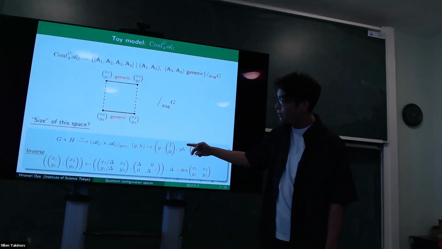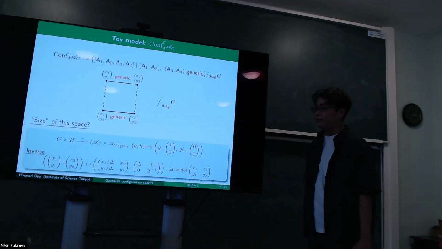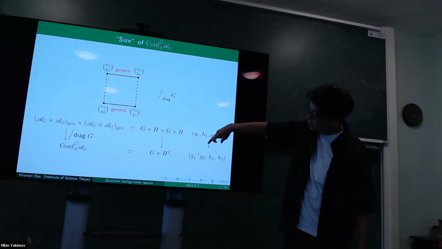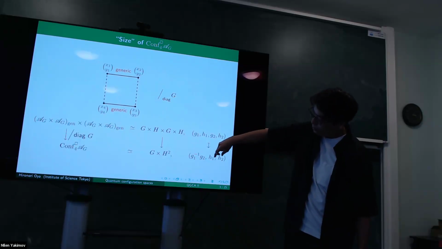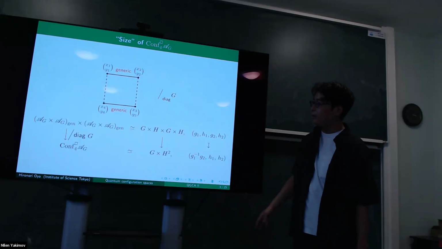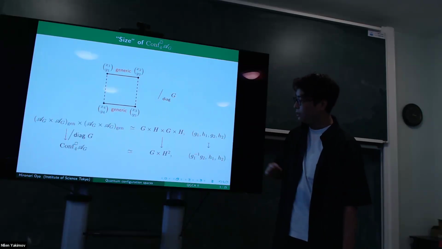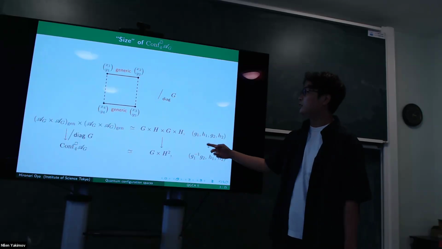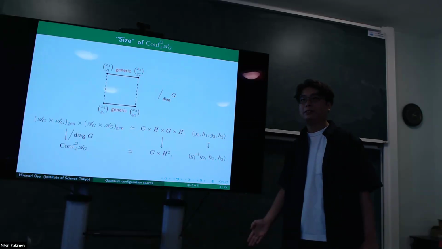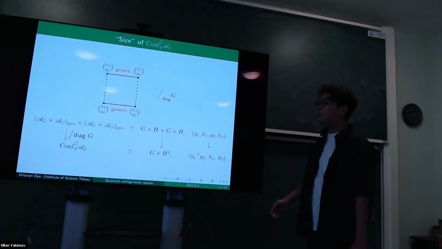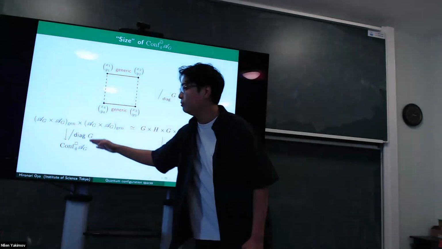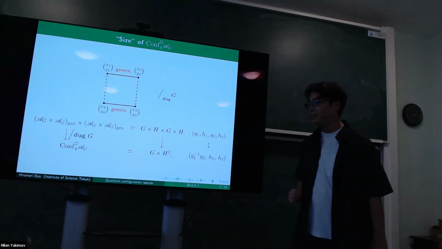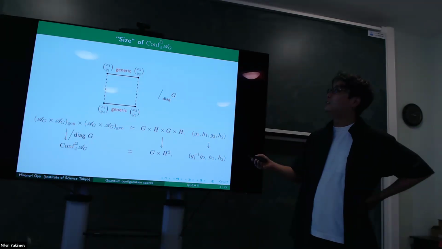So this H is invariant under the diagonal action. Okay, so we can bring this H1 H2 here. And if we consider G1 inverse times G2, then this is the G invariant with respect to this diagonal action. Okay. So the size of this configuration space is G cross H cross H. This is our space.